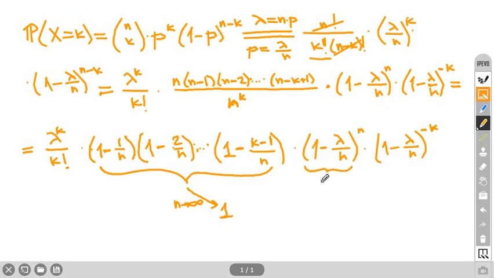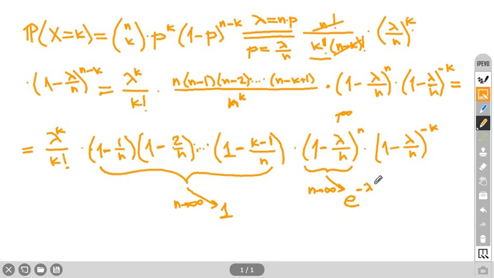What about this? If n is tending to infinity, this is tending to 0, so this tends to 1, but the exponent tends to infinity. So we have the indeterminate form 1 to infinity. But from calculus we know that this tends to e to the minus lambda.